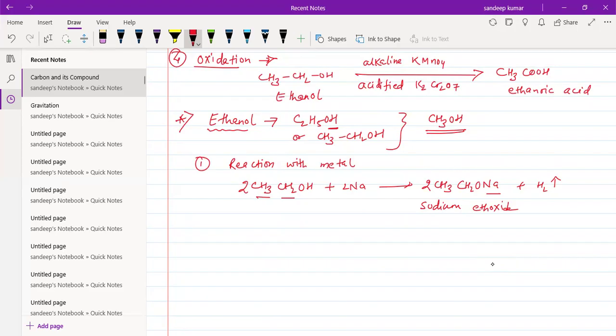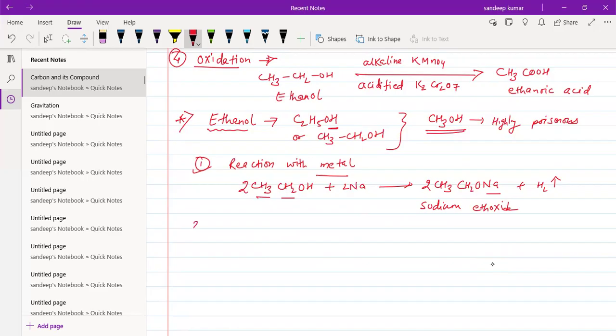If you mix a little methanol into ethanol, it becomes highly poisonous. So the first reaction of ethanol is reaction with sodium. It gives sodium ethoxide plus hydrogen.